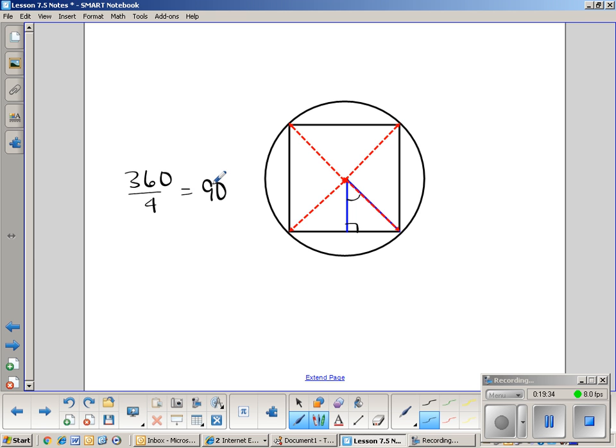And then this angle then is going to be half of that, right? Which is 45. So if this is 45, what's this one? 45. So now I'm not looking at a 30, 60, 90. I'm looking at a 45, 45, 90. Okay?